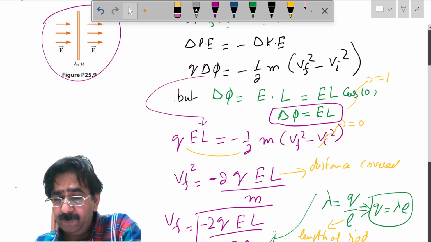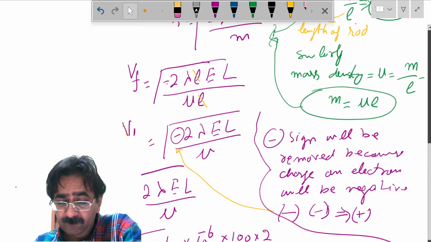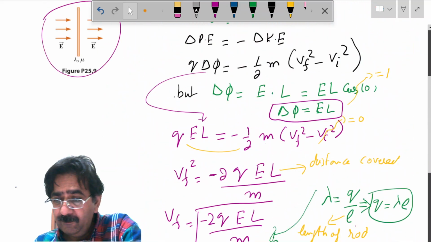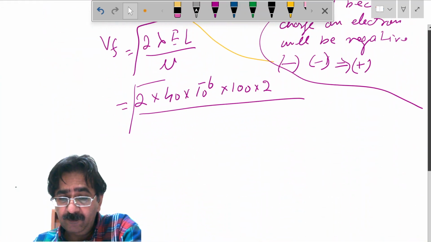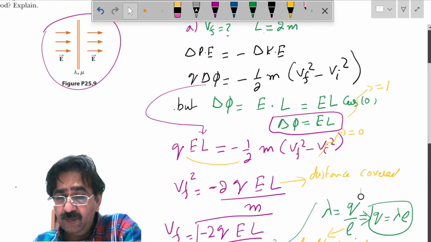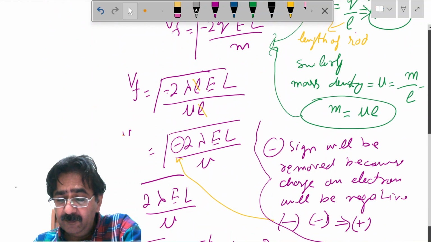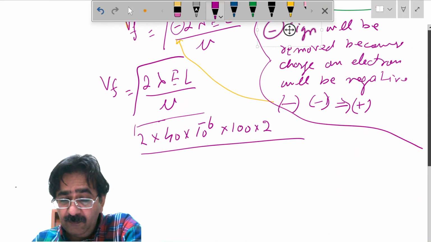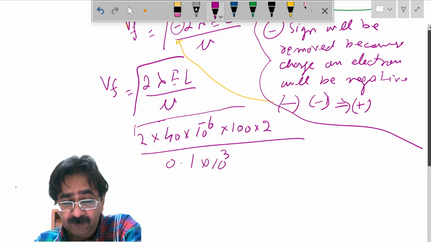And mu is 0.1 times 10 raised to power 3.